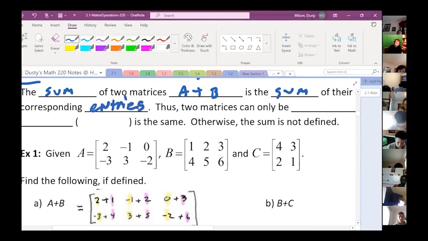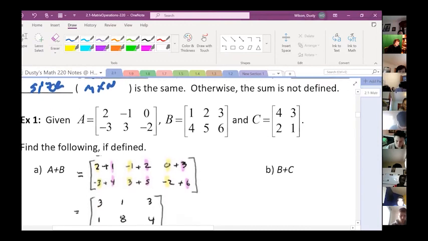Thus, two matrices can only be added if they're the same dimension, if their size or dimension, m by n, is the same. Otherwise, the sum isn't defined.